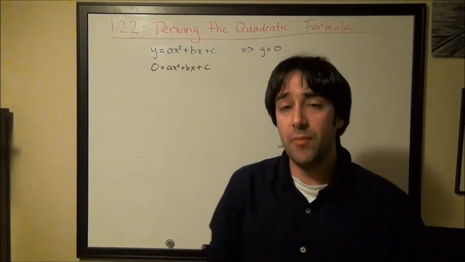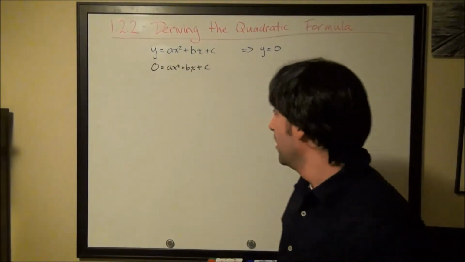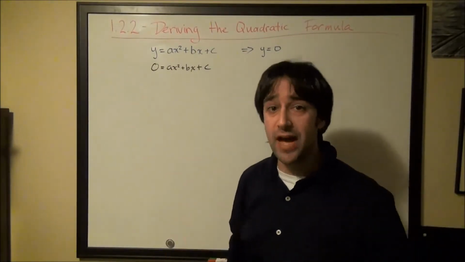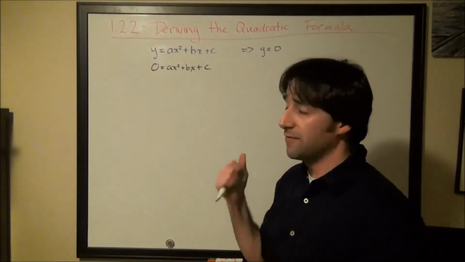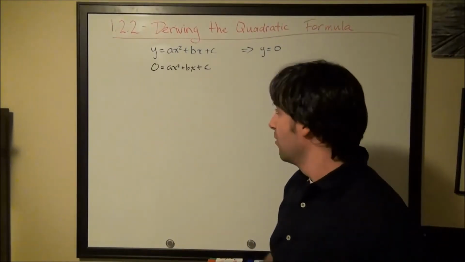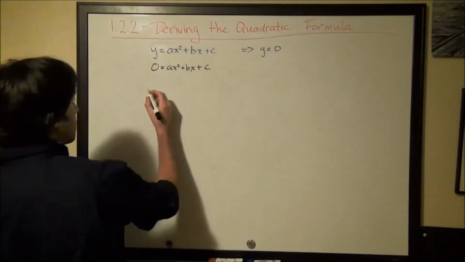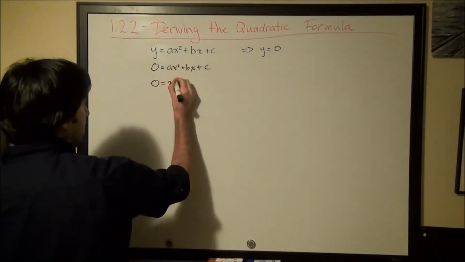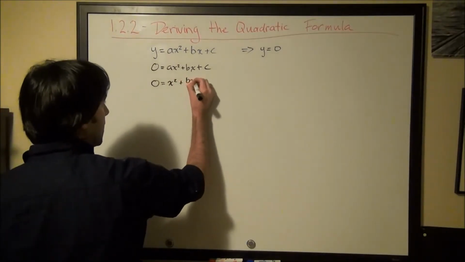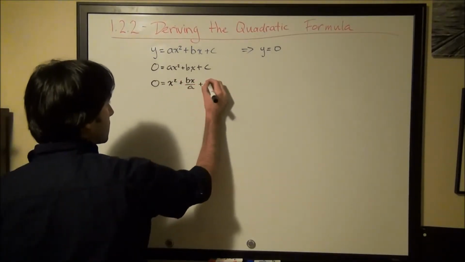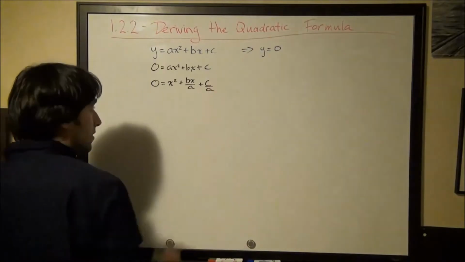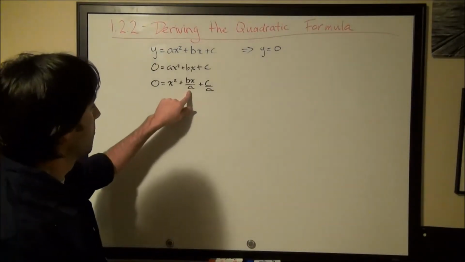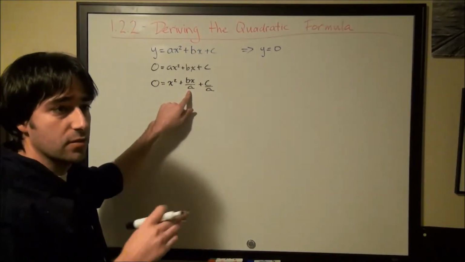Now you may remember from completing the square that a coefficient of a that is not equal to 1 is problematic. And we dealt with that by simply dividing the entire thing by a. Well, 0 divided by a is of course still going to just be 0. Ax squared divided by a is x squared plus bx over a plus c over a. Then we derived that d in this case must be b over 2a.